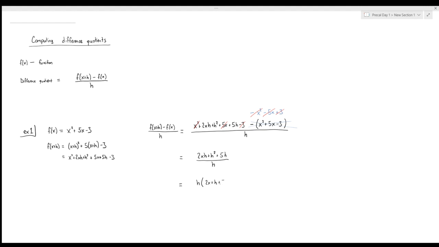So one h from every term gets factored out. And then after I do that, I can now cancel out this h in the numerator with this h in the denominator, okay? So then that leaves me with 2x plus h plus 5 as the difference quotient, okay? I think that's good enough.